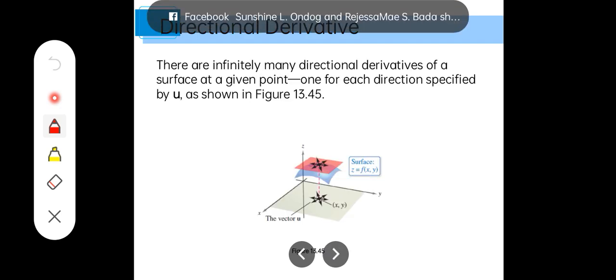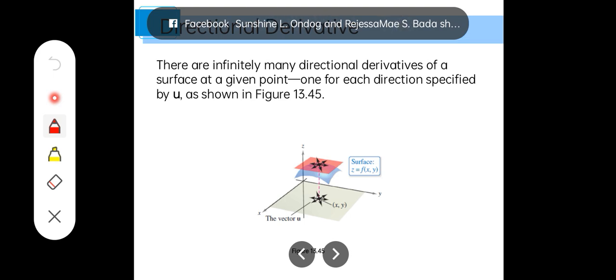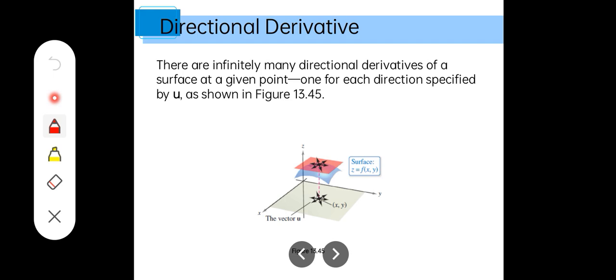There are infinitely many directional derivatives of a surface at a given point, one for each direction specified by u, as you can see in this figure.